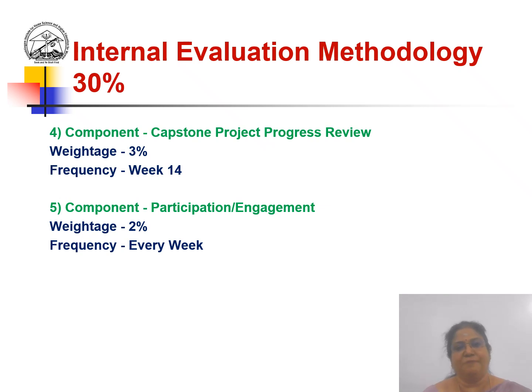Then we have capstone project progress review at the end of the 14th week, and we'll be monitoring the entire online course participation and engagement for every week, and it covers 2% of weightage. So this is about the internal evaluation.